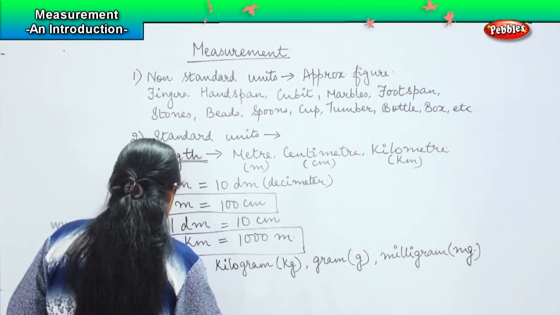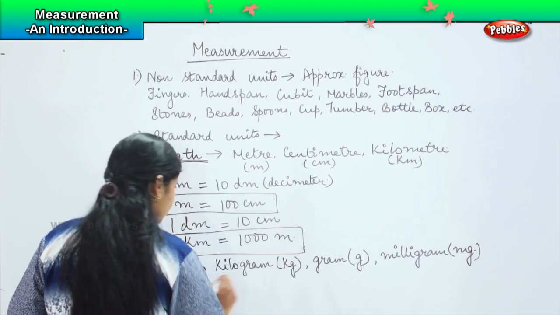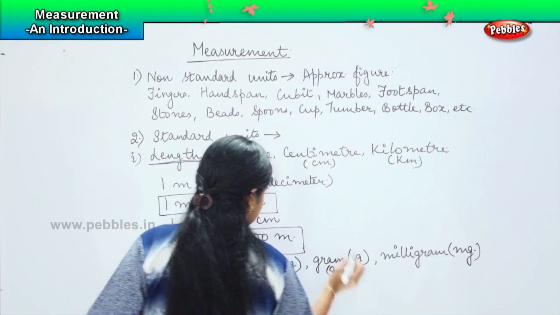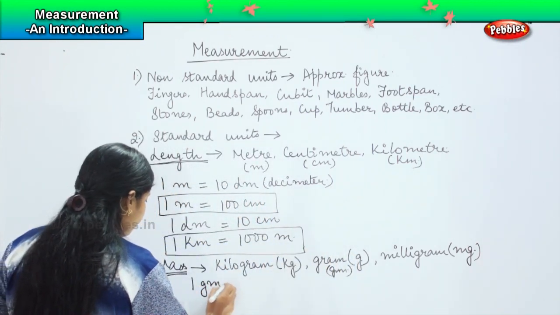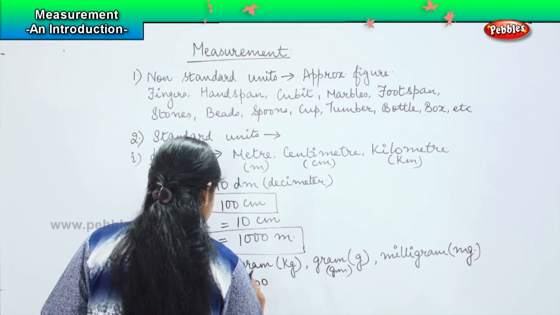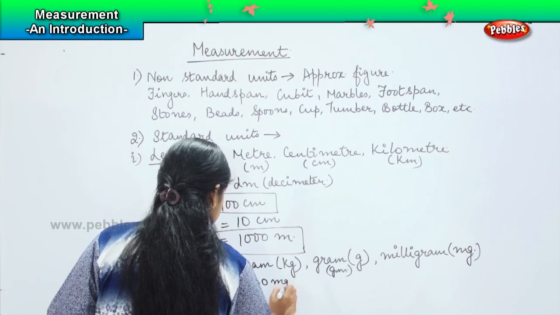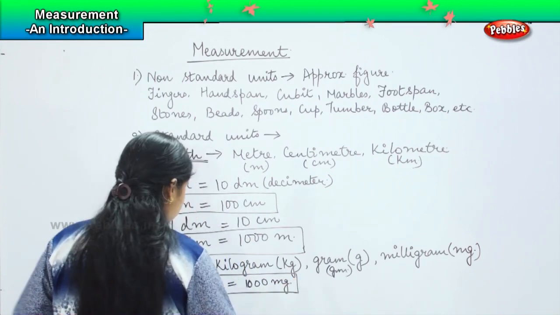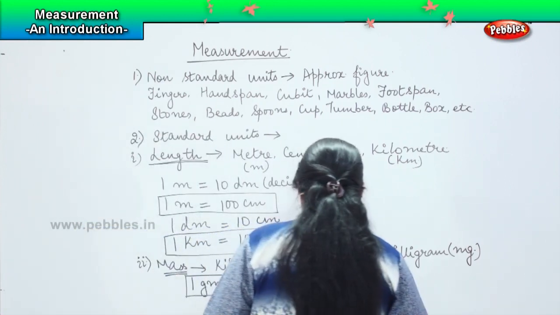So 1 gram is equal to 1000 milligram. This is your first measurement.